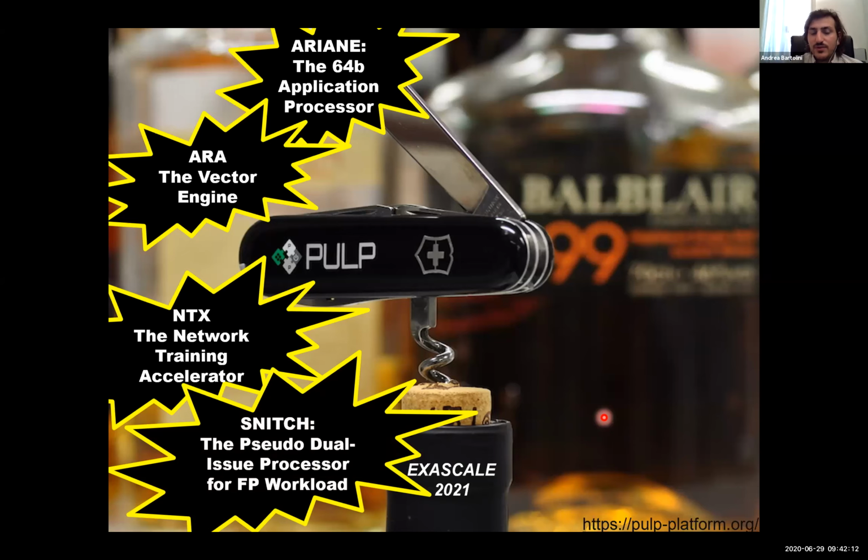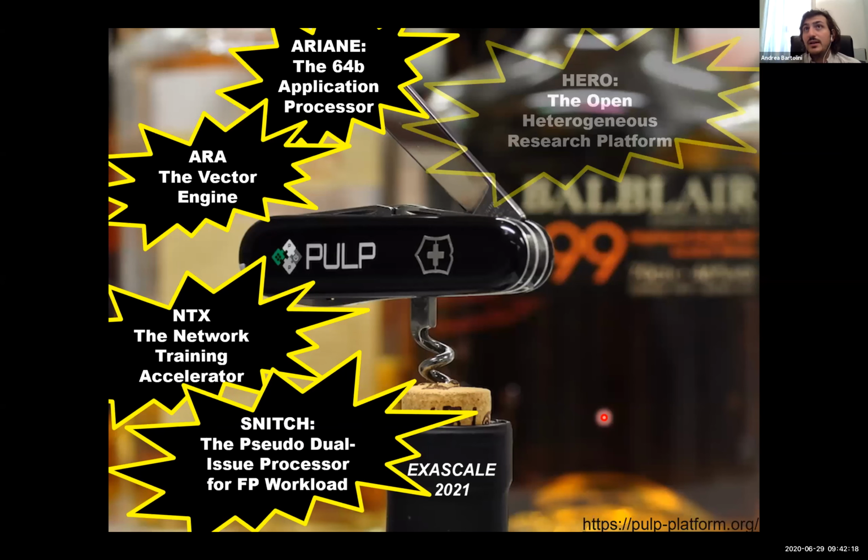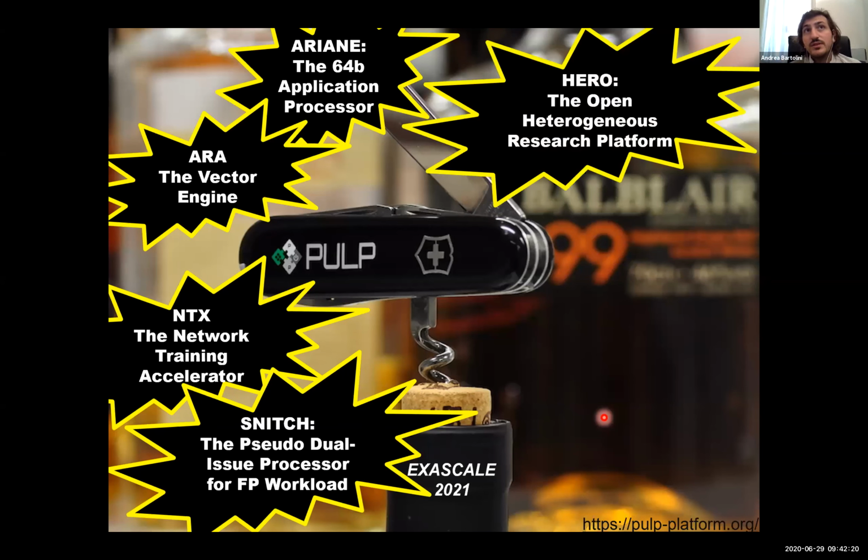Then, of course, there is not only hardware; you also need to program, and if they are accelerators, you need to program in a heterogeneous manner. And this goes to HERO, which is an open source heterogeneous research platform, which targets the offload of computational kernels onto tightly coupled accelerators, which share memory with the host, so they can exchange virtual pointers.